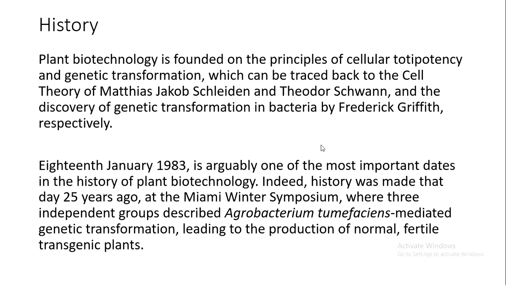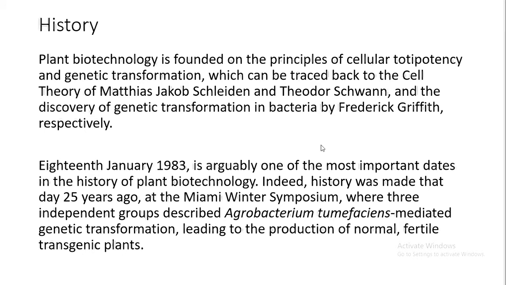So the 18th of January 1983, that means more than 25 years ago, is arguably the most important date in the history of plant biotech. Let's see why. Because in that period, at the Miami Winter Symposium, three independent groups described Agrobacterium tumefaciens mediated genetic transformation.